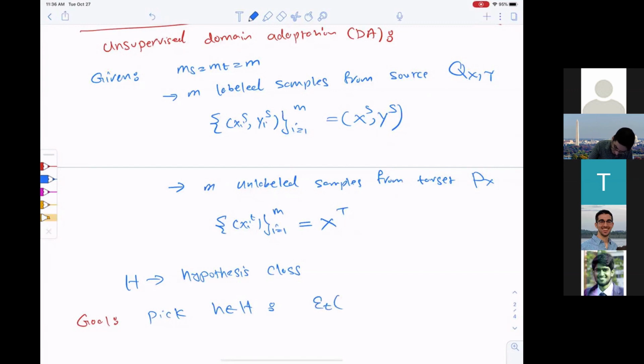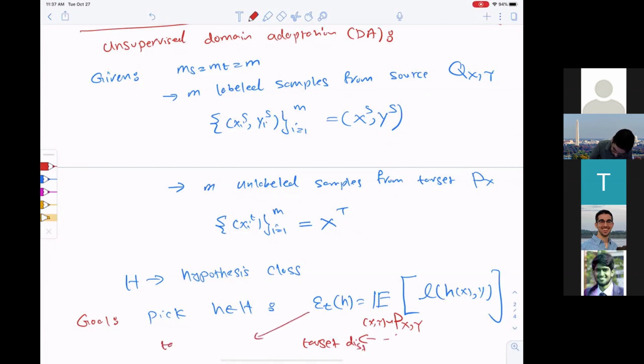So if I measure the target error, which is the expectation of, let's say, loss of this function, over samples coming from PXY, so this is the target distribution.